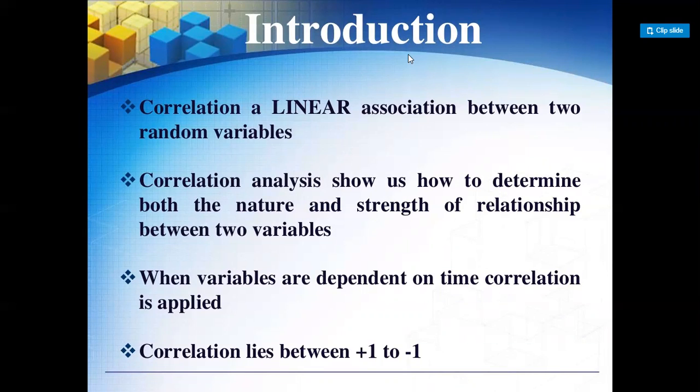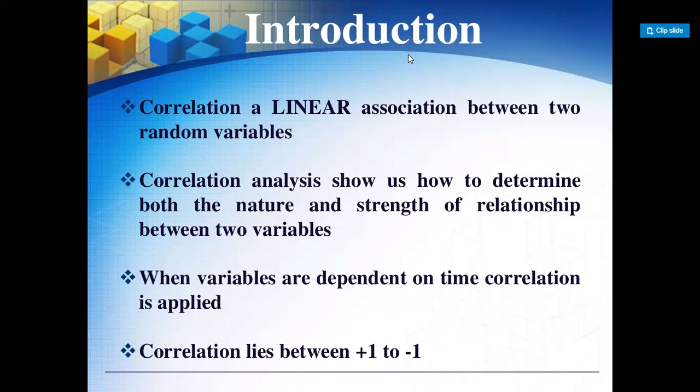When two variables are related to each other, that is called correlation. If a change in one variable results in a corresponding change in the other variable, then the two variables are said to be correlated.